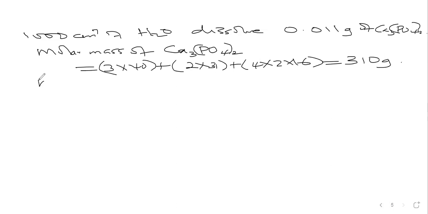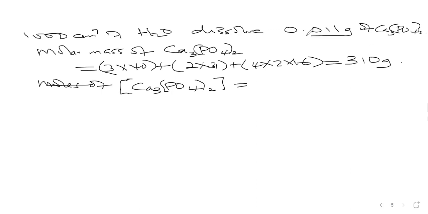So this implies that moles of, actually I will not call it moles, I'll take it as molar concentration of calcium phosphate, because these are grams in 1 liter. So that will be 0.011 over 310. Which answer do you get from that?